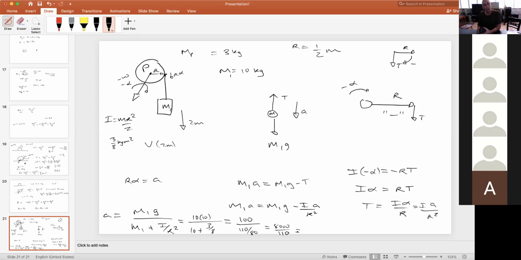My I is 3 times a half, which is a fourth, times another half, which is an eighth, so 3/8. And 10 plus 3/8, and then 100 divided, oh, yeah, I did my math wrong. This is wrong somehow. What did I do wrong here? I don't know.